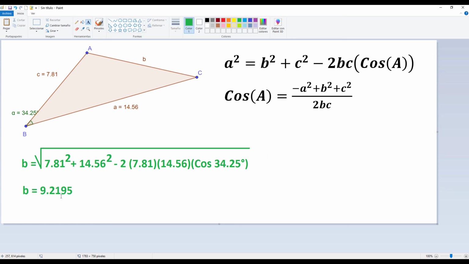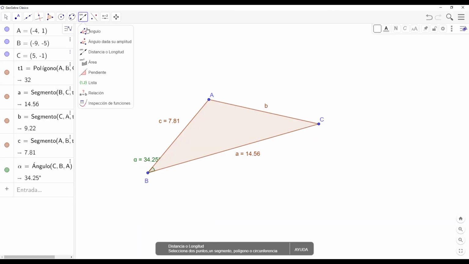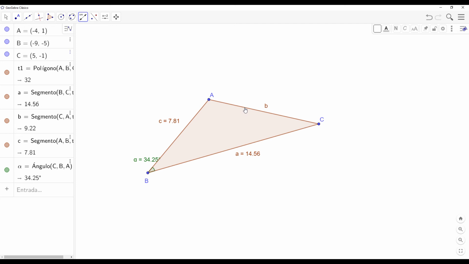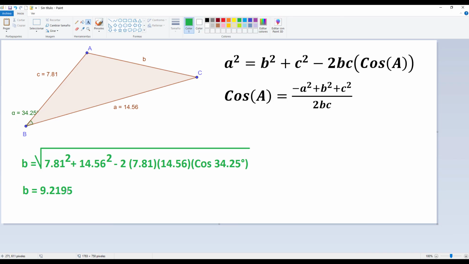Okay, this is the result of that side. Let me check. Yep, almost 22. Yeah.